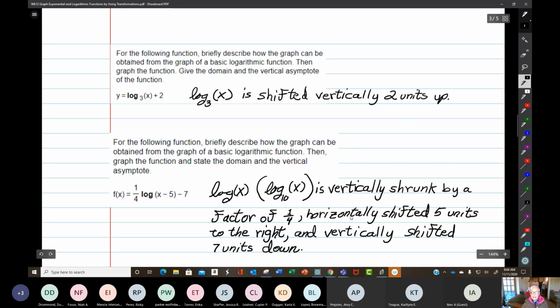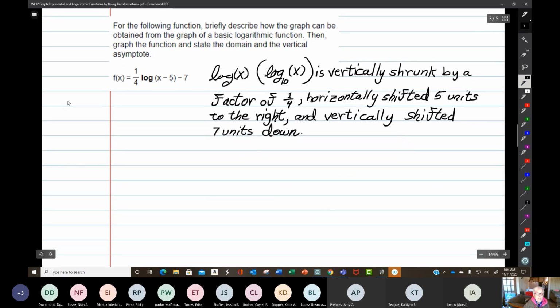Follows the same rules. Here's a number in front of the function. Our basic function is log x, which means log base 10 of x. Basic is y equals log x, with the base 10 understood.